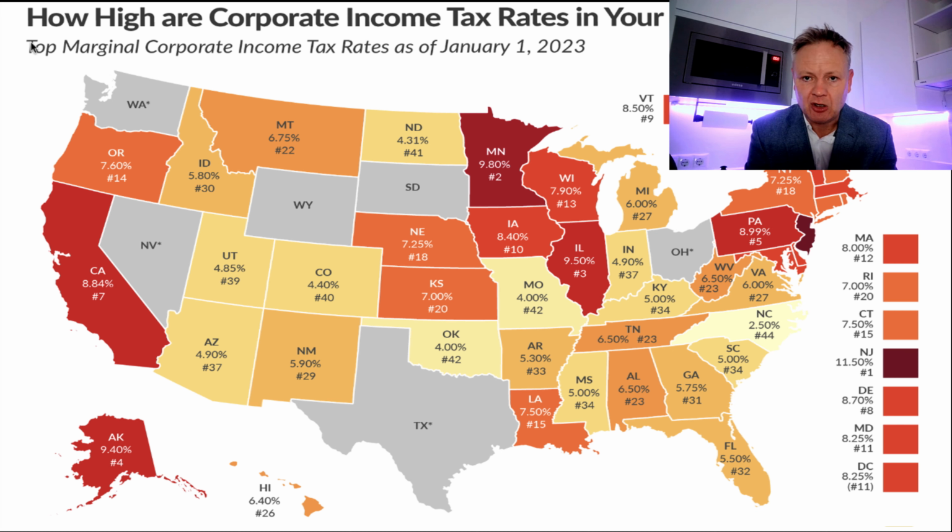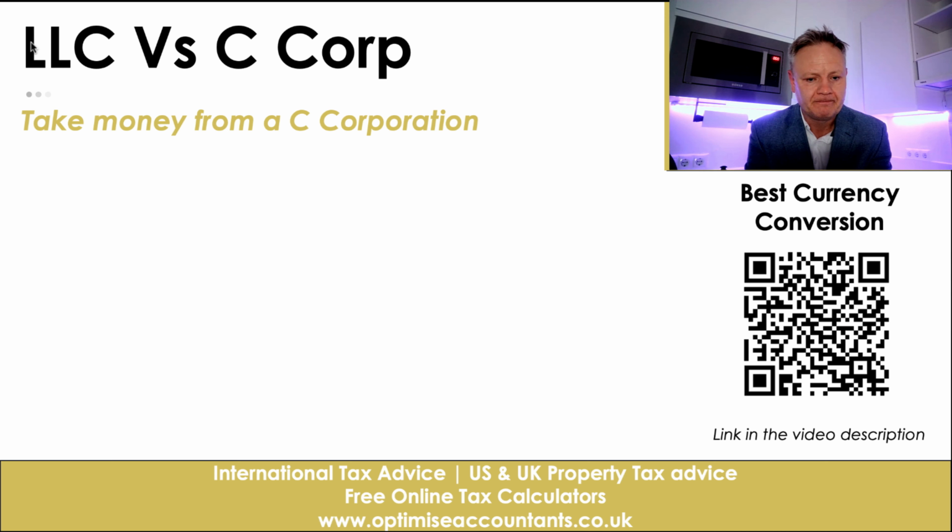If you have a corporate tax structure or an LLC taxed at a corporate level, then you still need to think about state taxes for corporates as well. Texas, you'll notice, is 0%, which is really interesting. Florida, where I live, is 5.5%. But if you look at a place like New York, you are going to pay 7.25% corporation tax, which is substantial, to be fair. So again, you do need to think about where you base your business.